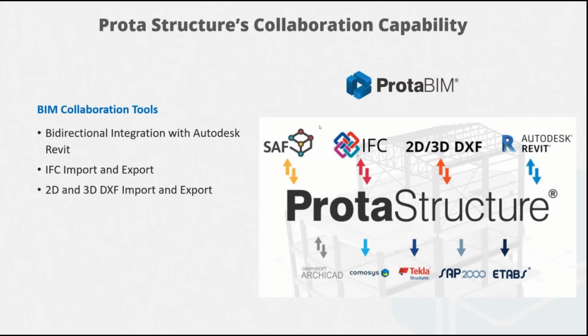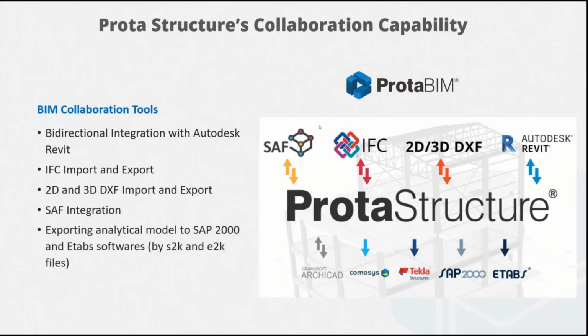You can quickly import 2D DXFs or export as well. 3D DXF import and export is also available in the software. You can use SAP integration, especially for ArchiCAD. You can export the analytical model to SAP or ETABS via S2K and E2K files. You can also export your model to Tekla Structures.